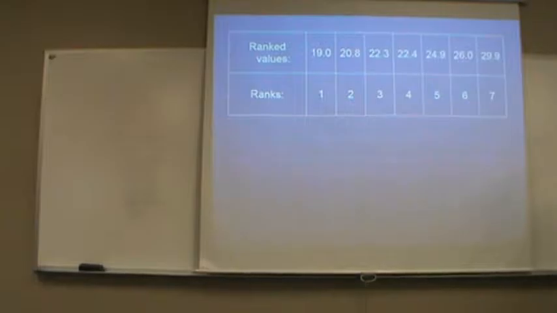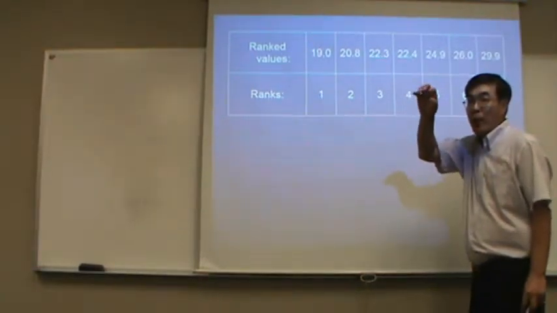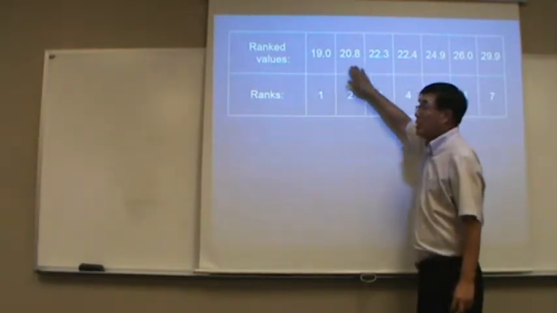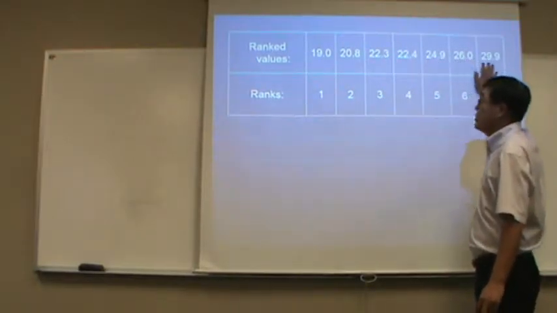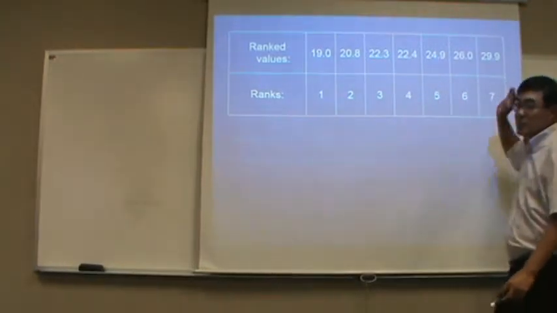So if we have data, the first step is to rank them from smallest to largest: 19, 20.8, 22.3, and so on. Their ranking is first, second, and so on.